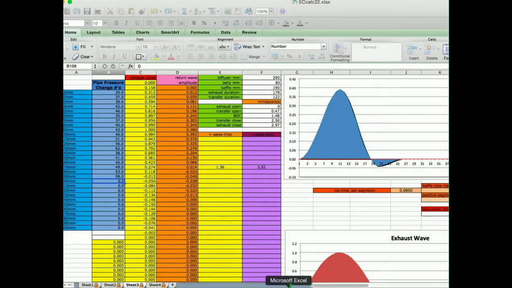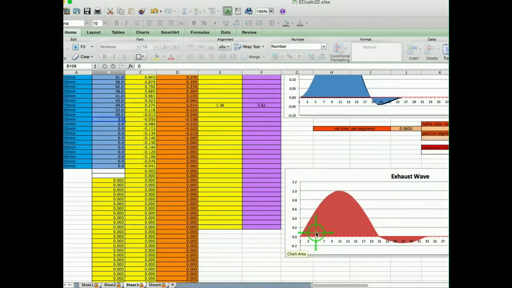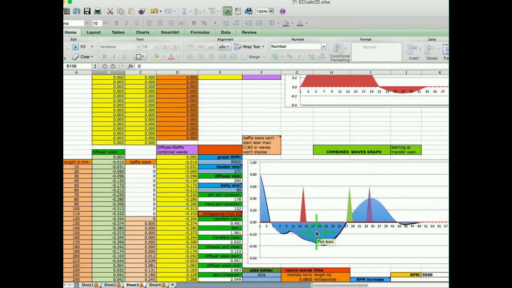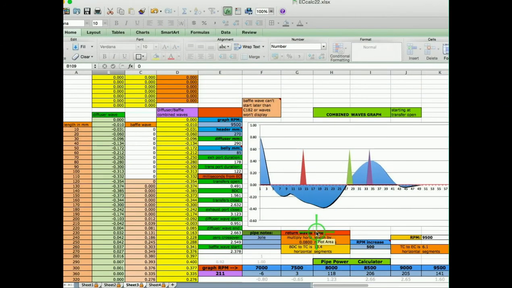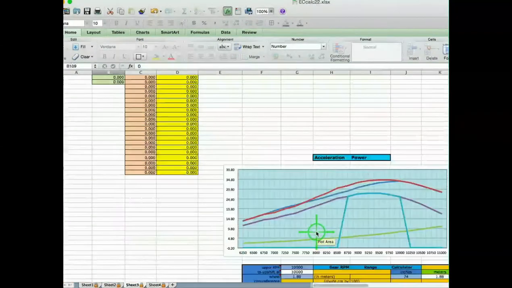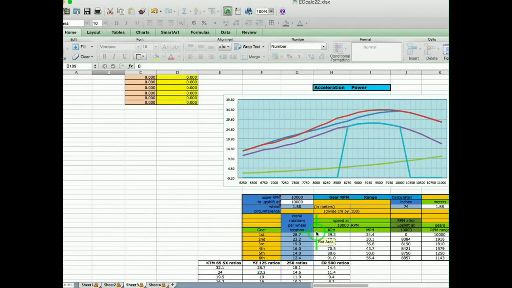So if we look at that here on the expansion chamber calculator.